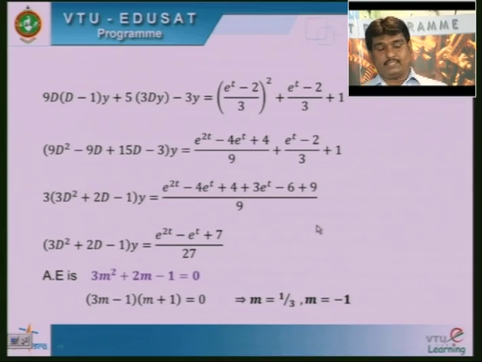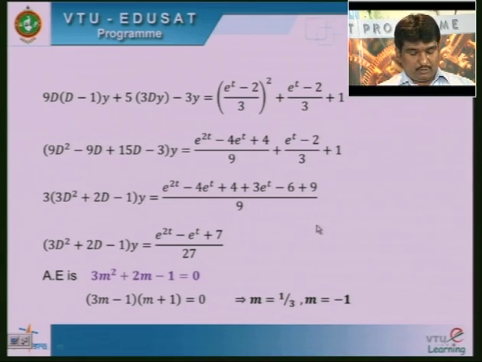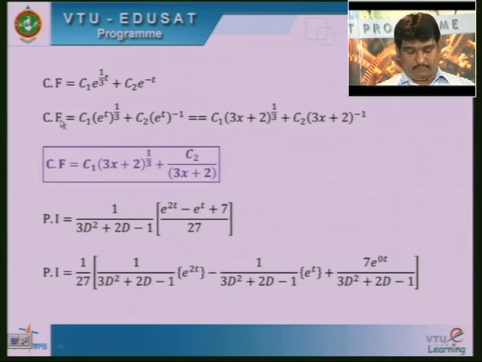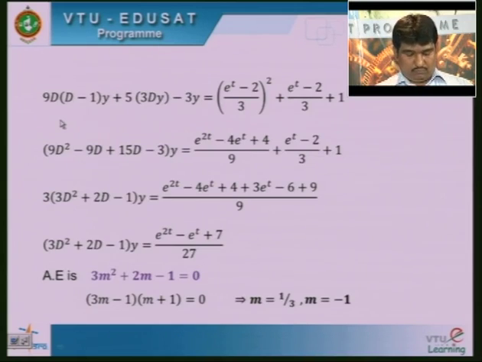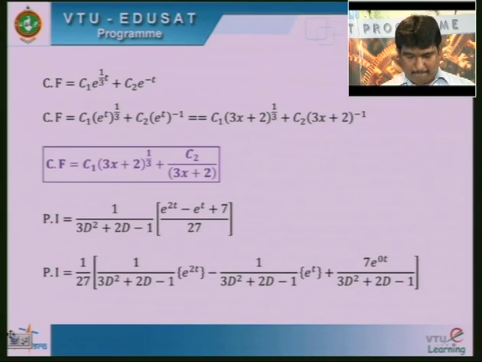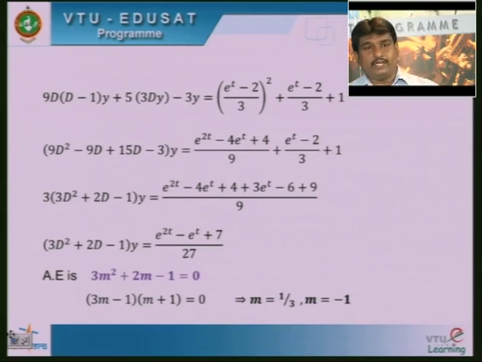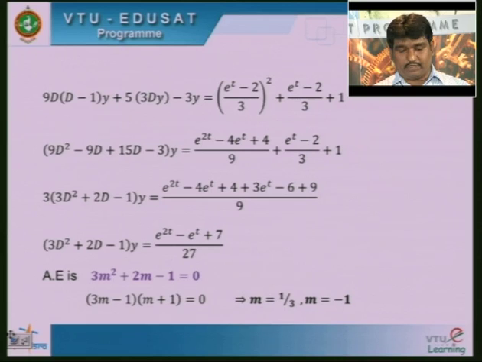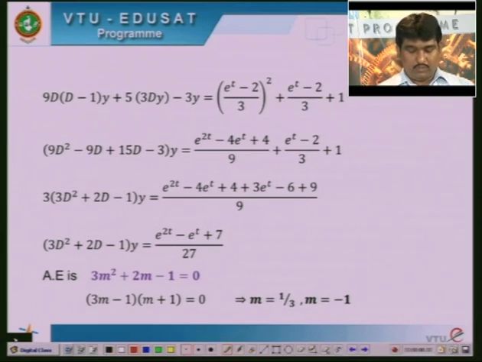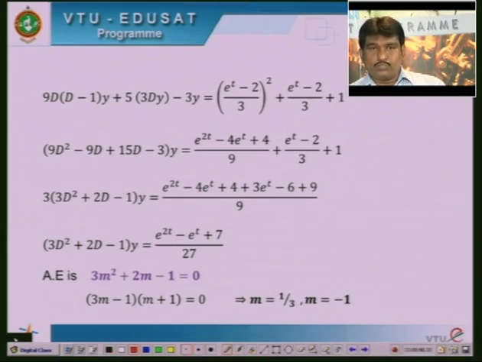Substitute all these things in the given equation. LHS is 9 times D into (D minus 1) into y plus 5 times, that is the first order derivative, 3 Dy minus 3y equals, now the right hand side.